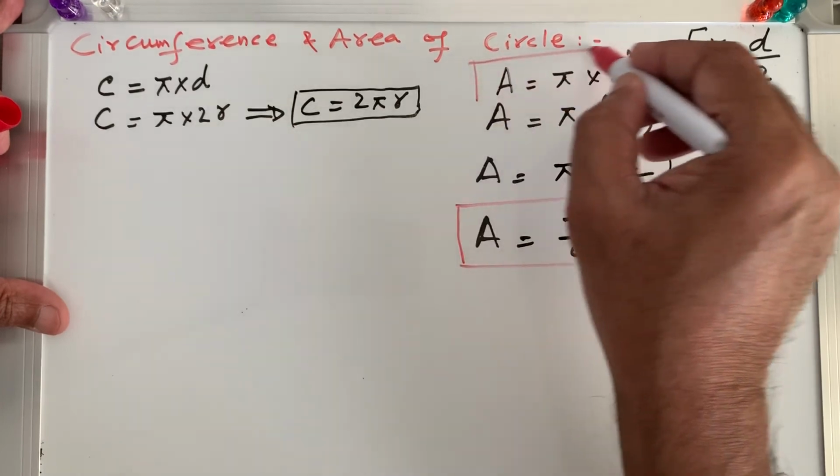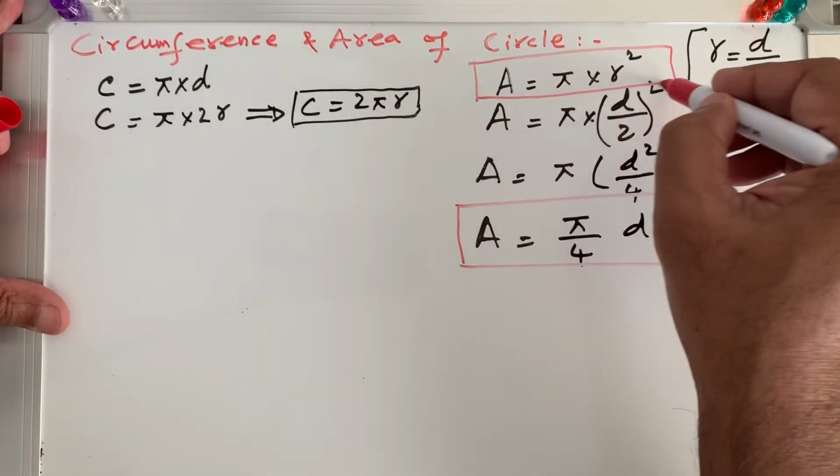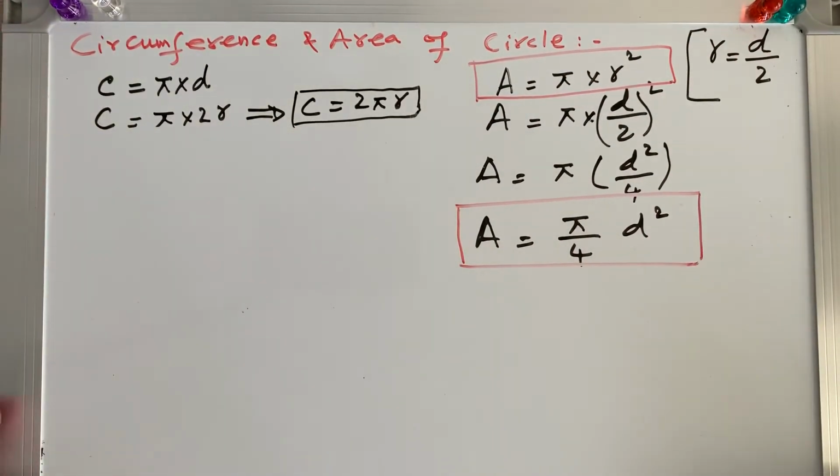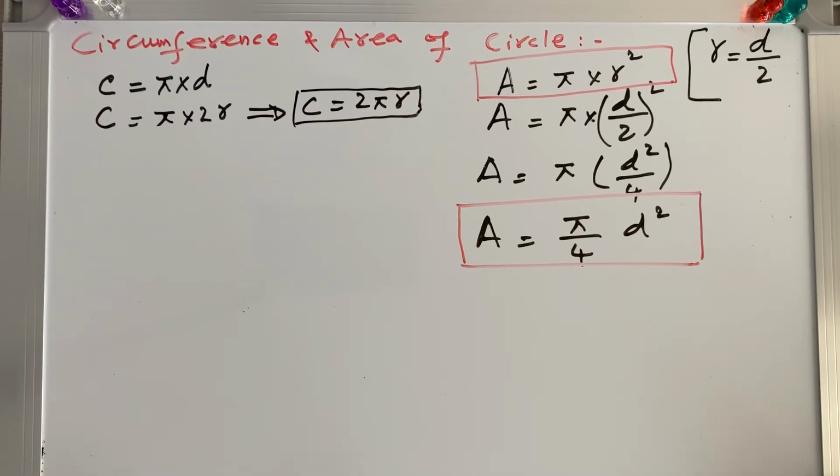But if the radius is given, you can use A is equal to pi r square. So a student must remember or memorize these formulas. And when the question is given, check the unit of the measurement carefully, and then check whether the radius is given or the diameter is given. But both formulas are good.